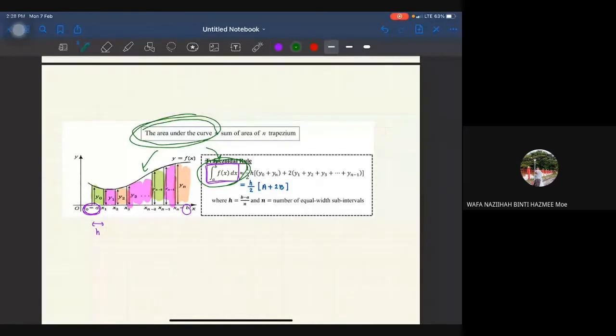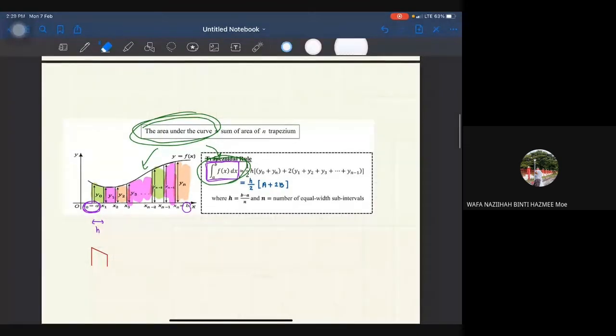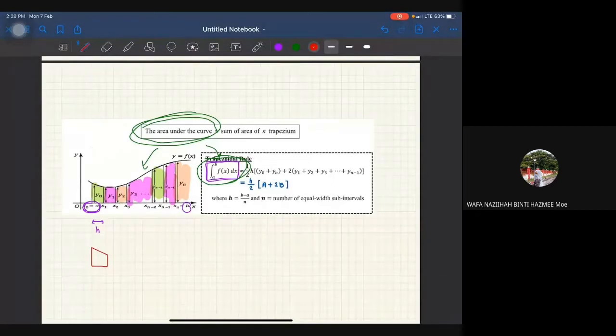Alright, so what is formula for area of trapezium? Can someone tell me? Contoh bentuk trapezium saya macam ni. Apa formula untuk trapezium? Anyone? Kita belajar masa sekolah rendah dulu saya rasa. 1/2 A plus B times C. Okay, good.